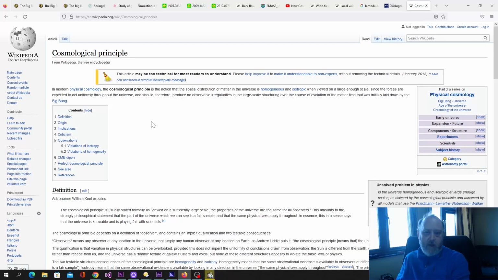But essentially it reflects the cosmological principle, the notion that the spatial distribution of matter in the universe is homogeneous and isotropic when viewed on a large enough scale. So they describe the universe, 200,000 years after the Big Bang, as essentially one large ball of hot, homogeneous, and isotropic plasma.